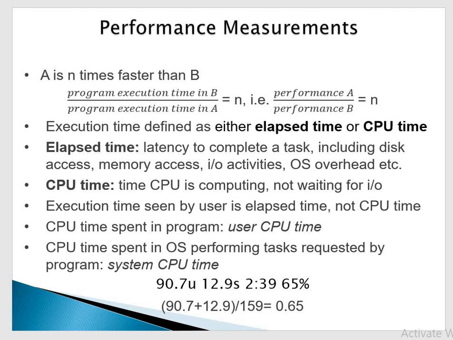The elapsed time is the latency to complete a task, which includes disk access, memory access, I/O activities, operating system overhead, etc. This means the elapsed time is the time taken by a task, which includes not only the time taken by the processor to complete the task, but also the external memory accessing time, external input output devices accessing time, and the overheads required by the operating system to complete that particular task.